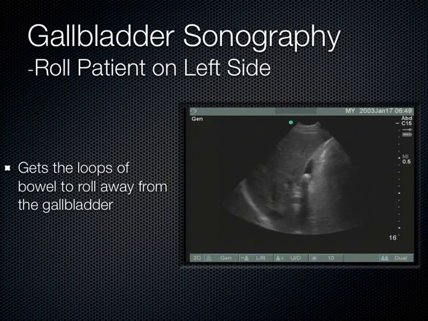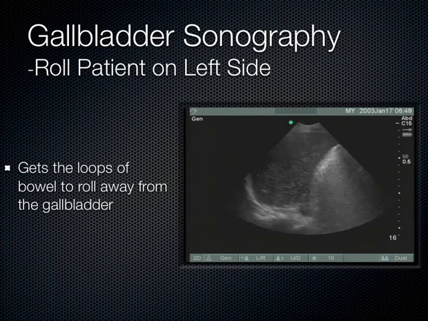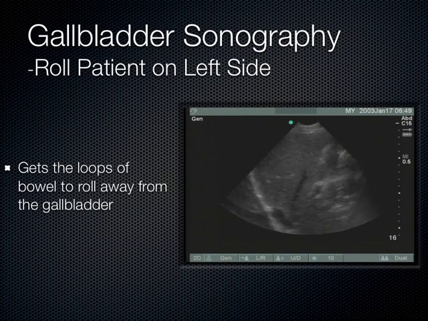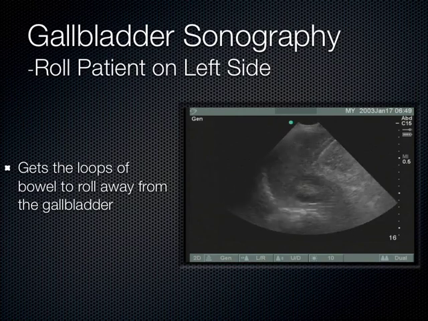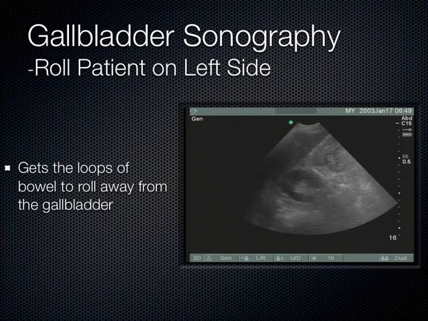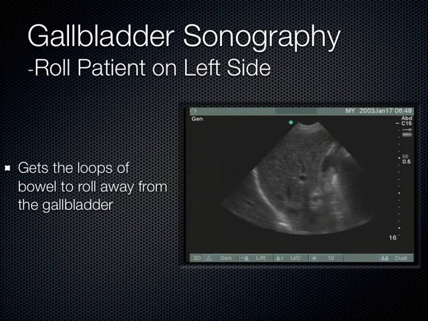If you let go of the hook, the whole thing would crash down on what? Good, the second portion of the duodenum. So that's where the air in the duodenum gets in your way. That's always going to be the problem with the gallbladder: the air in the duodenum fouls up your gallbladder image.